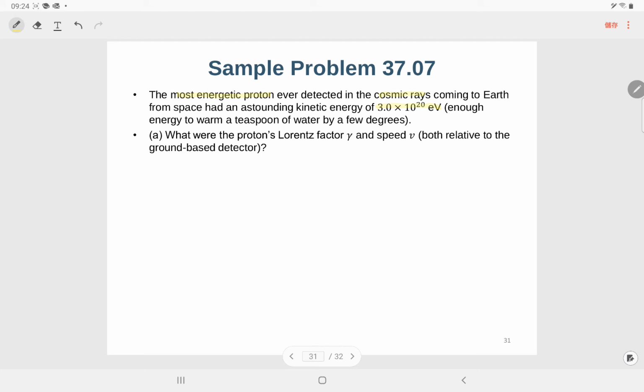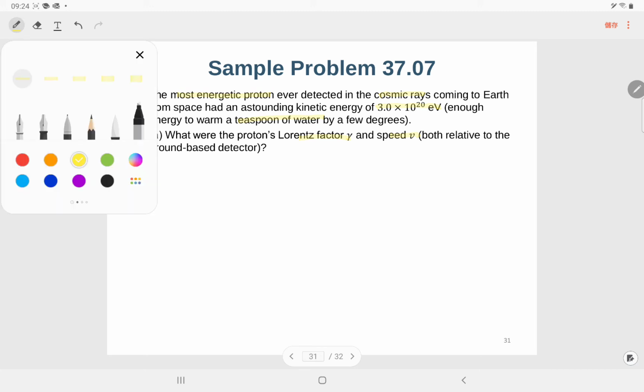Enough energy to warm a teaspoon of water by a few degrees, but it is only one proton. What is the proton's Lorentz factor and the speed, both relative to the ground-based detector?